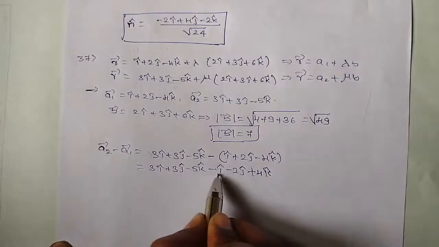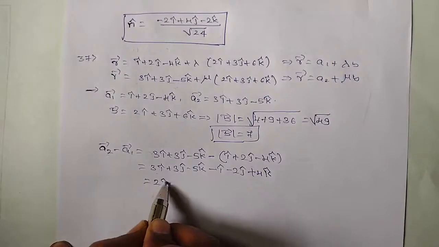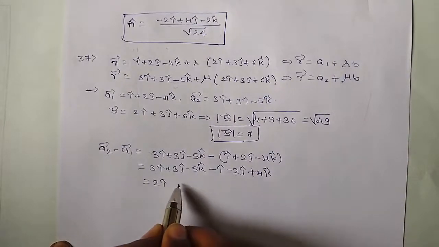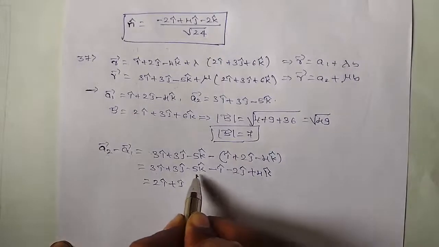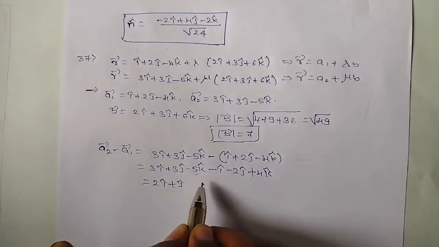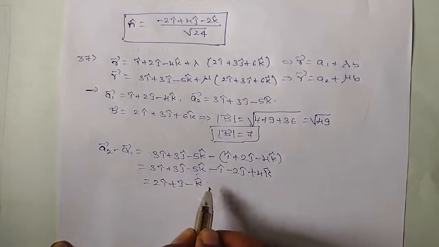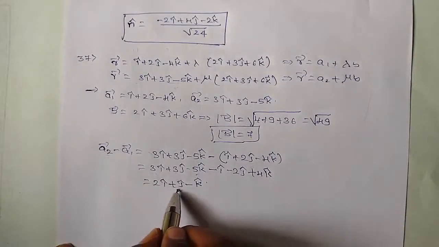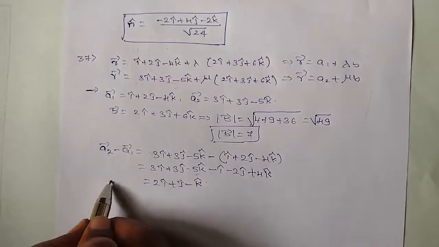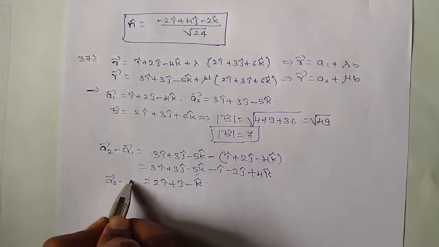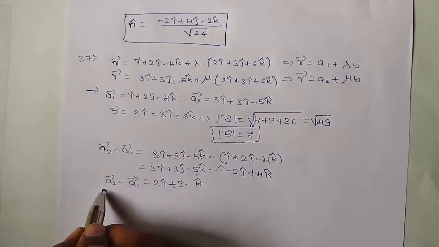Here 3i minus i means 2i, 3j minus 2j means plus j, and minus 5k plus 4k means minus k. Understood? 2i plus j minus k. This is the difference between a2 vector and a1 vector.